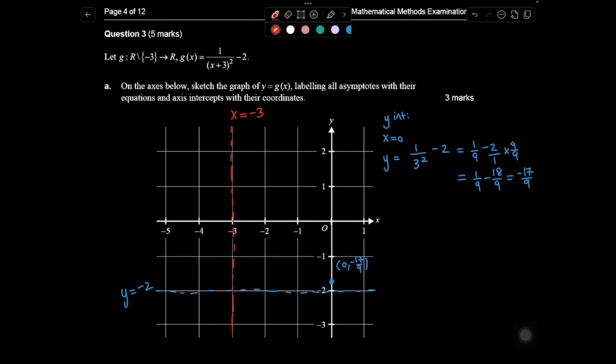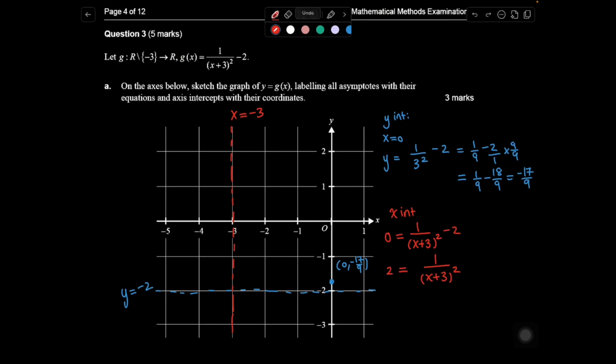And then we can also find our x-intercepts. So our x-intercepts happen when y equals 0. So we make y 0, and then we need to solve for our x. Add the 2 to the other side. And then what we can do is flip both sides to get this x out from the bottom of the fraction.